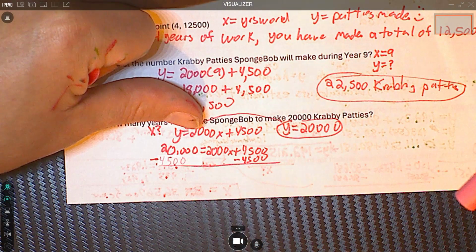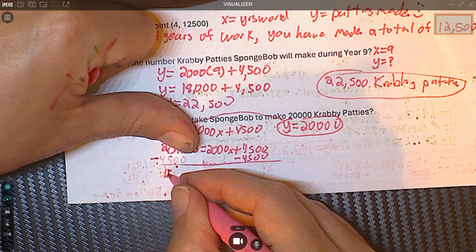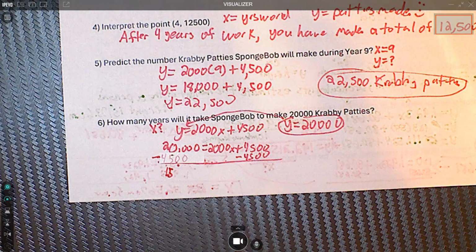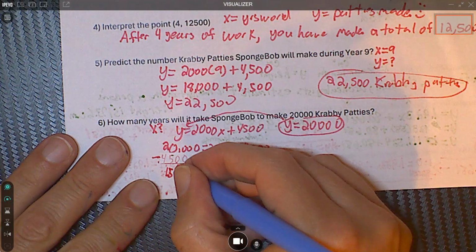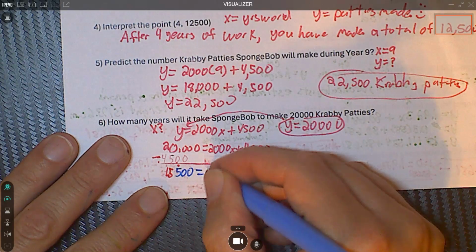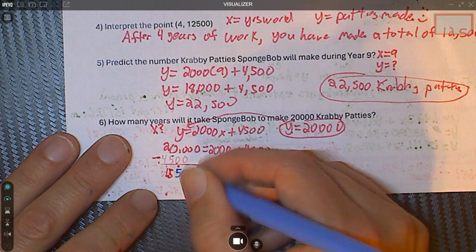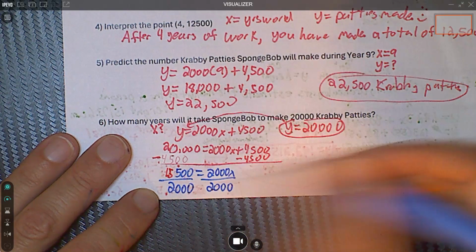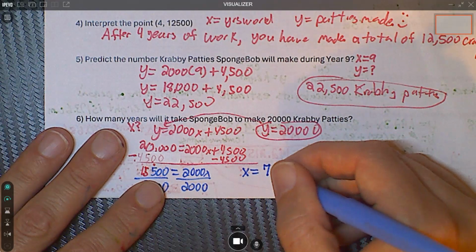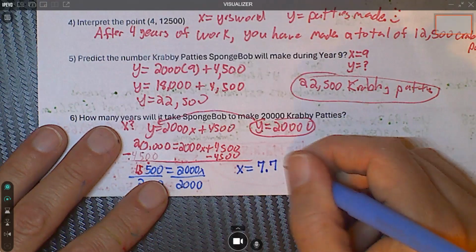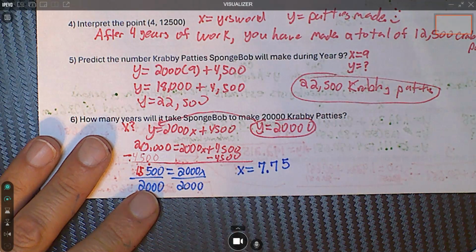See, I don't think I can fit it. 15,000. 500 divided by 2,000. Is a 2.